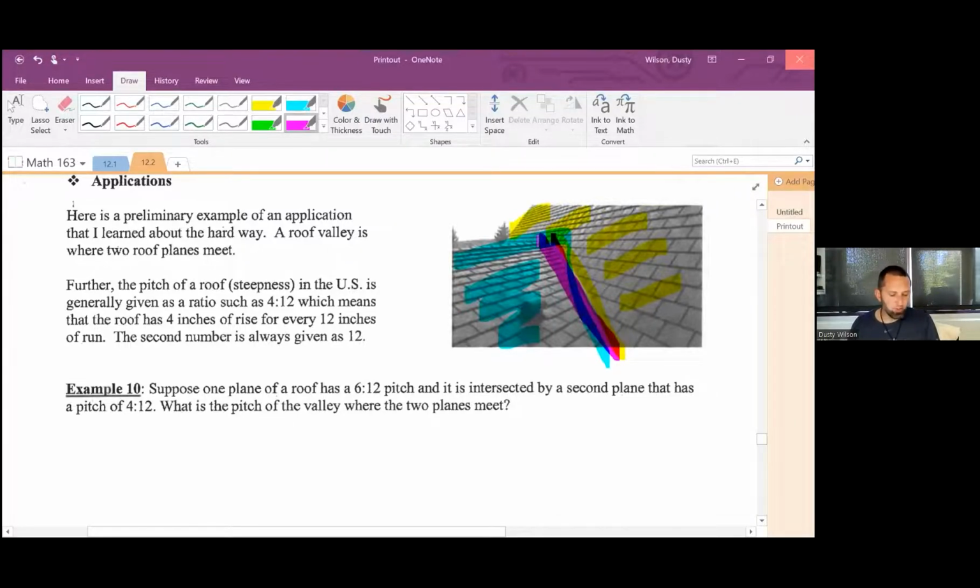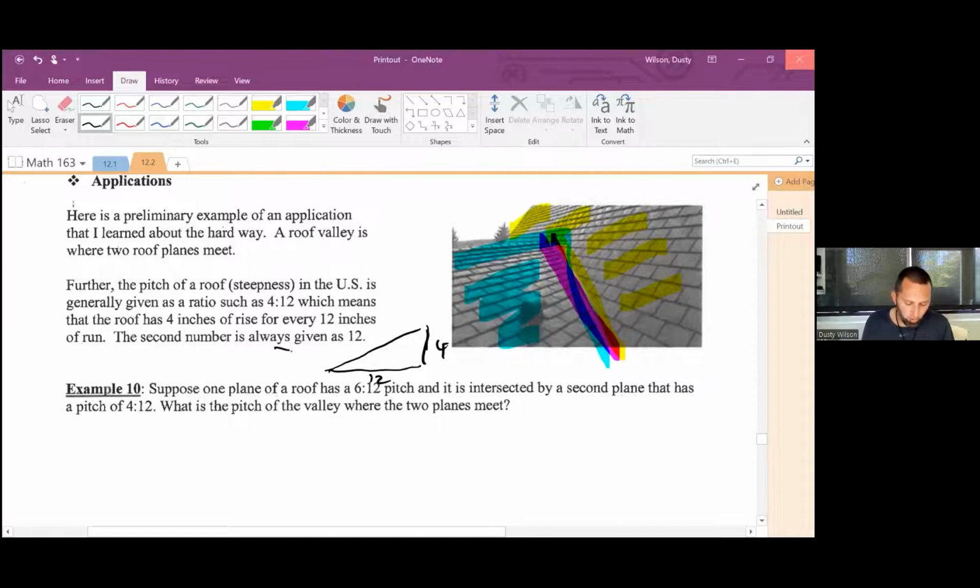Further, the pitch of a roof, its steepness, in the US is generally given as a ratio such as a 4/12 pitch, which means that the roof has a rise of 4 inches for a run of 12 inches. So we would describe a roof like this as having a 4/12 pitch.